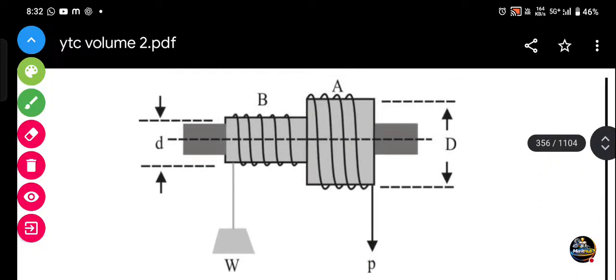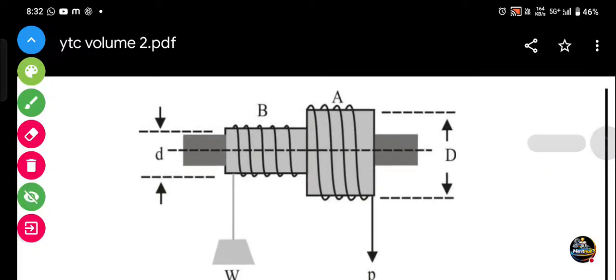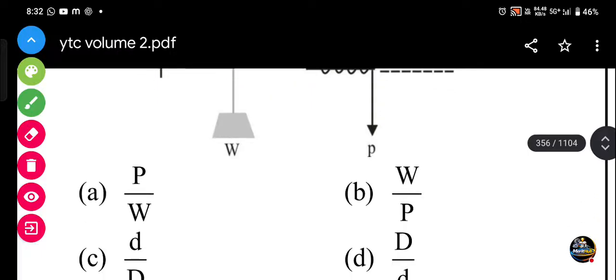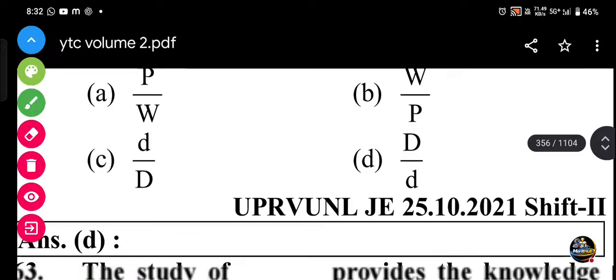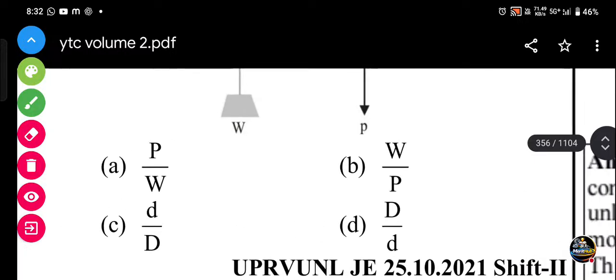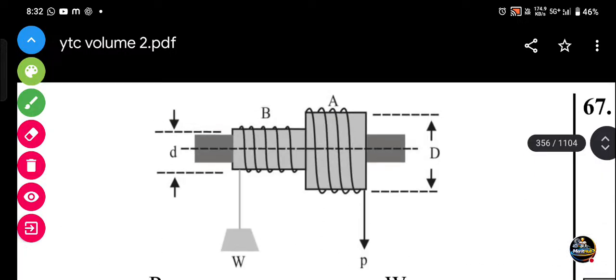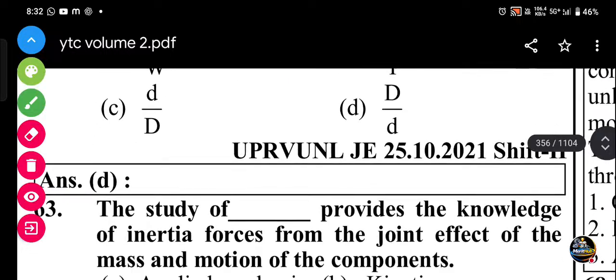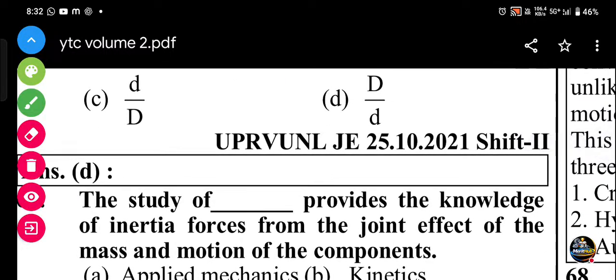Capital D by small d, that is the shaft. Velocity ratio equals diameter of the pulley by diameter of the shaft. This is the answer.